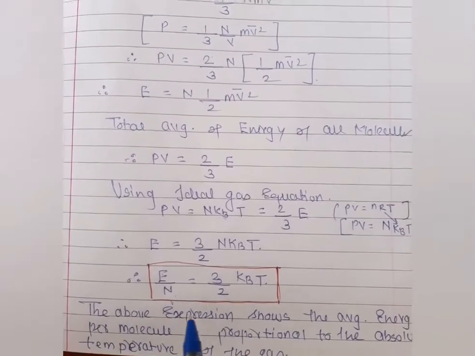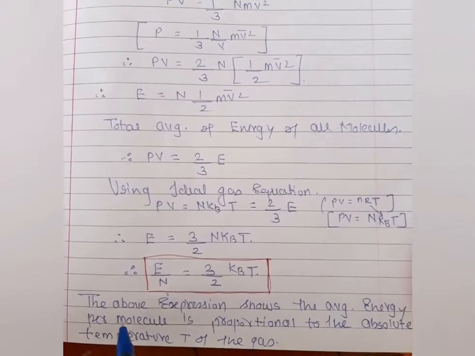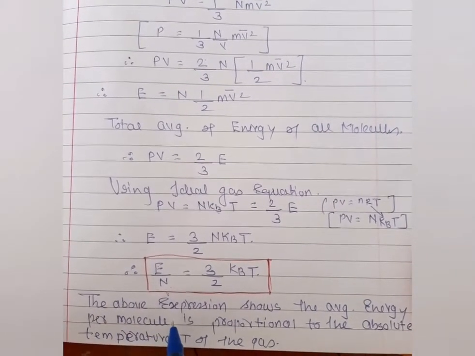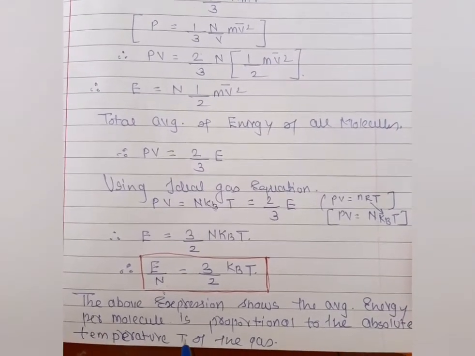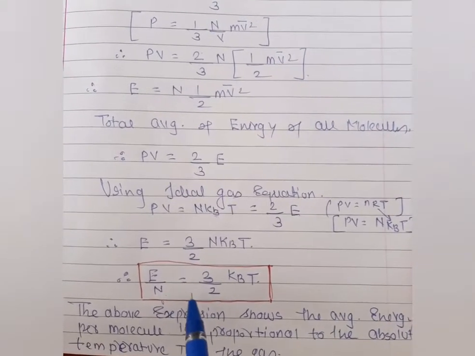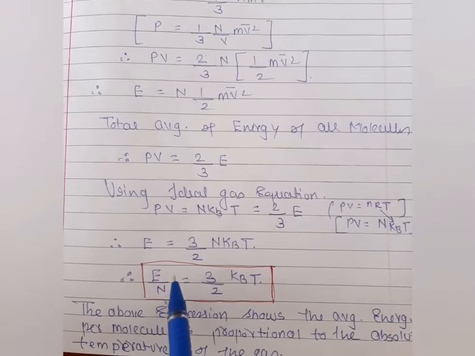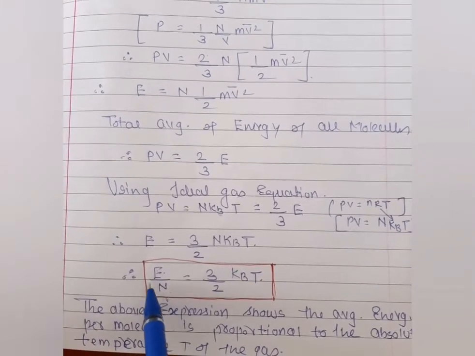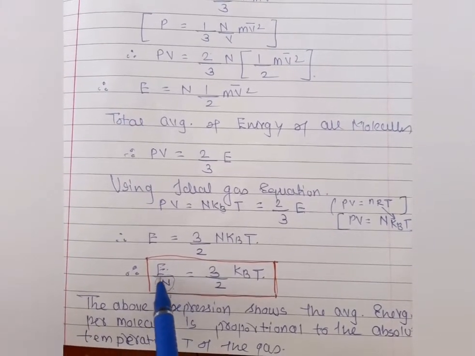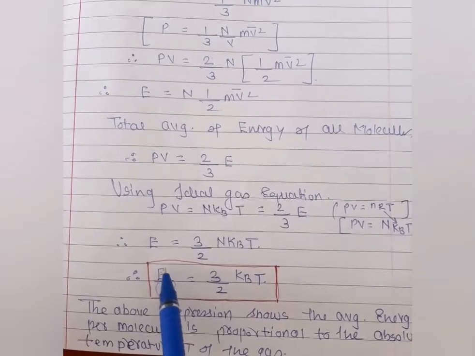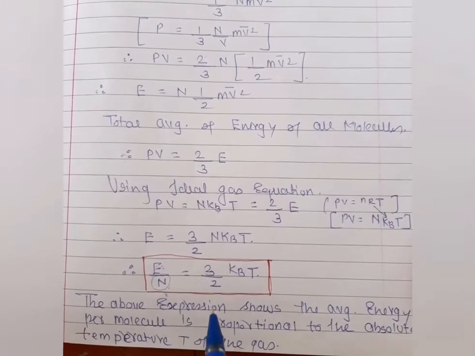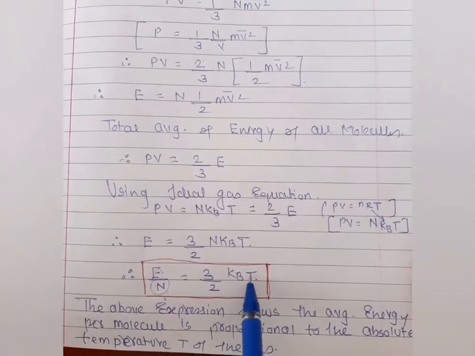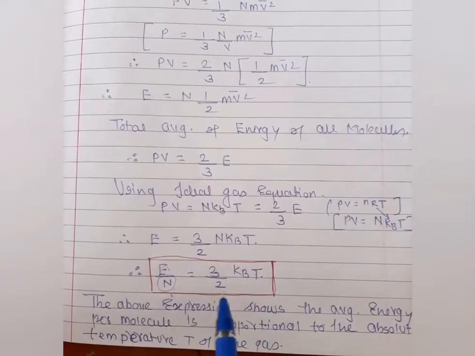It means the above expression shows the average energy per molecule is proportional to the absolute temperature of the gas. Because here we are dividing the total energy by the number of molecules, we get the average energy of the molecule, which is proportional to the absolute temperature of the gas.